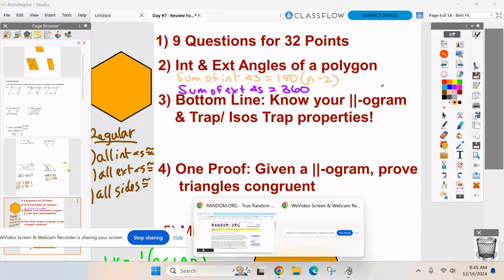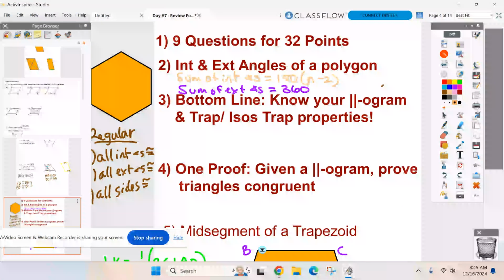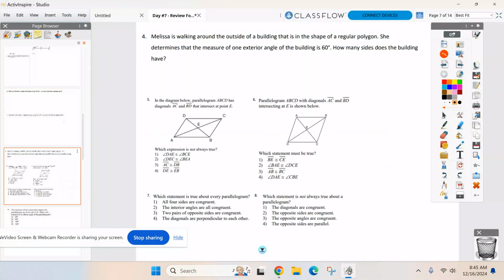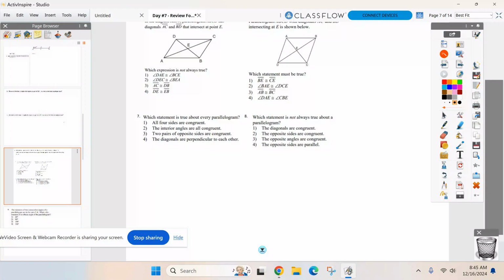All right, here we go. Let's start with number 8 from the review. See what we got. Nice little multiple choice question, testing your properties of a parallelogram. So go ahead, read through number 8. Which one is not? We're looking for the false one here. Not always true about a parallelogram.